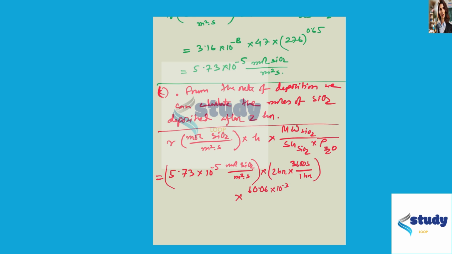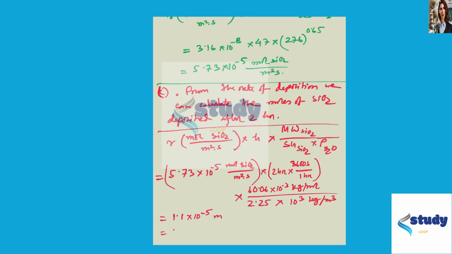The molar mass of silicon dioxide is 60 multiplied by 10 inverse 3 kg per mole. The specific gravity is given 2.25 and the density of water is 10 kg per meter cube. Once we do this calculation, we will get 1.1 multiplied by 10 inverse 5 meter.